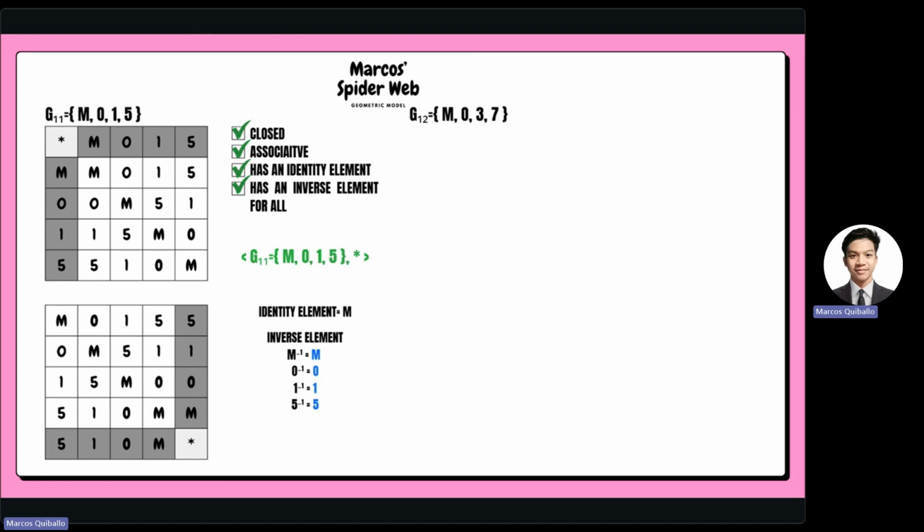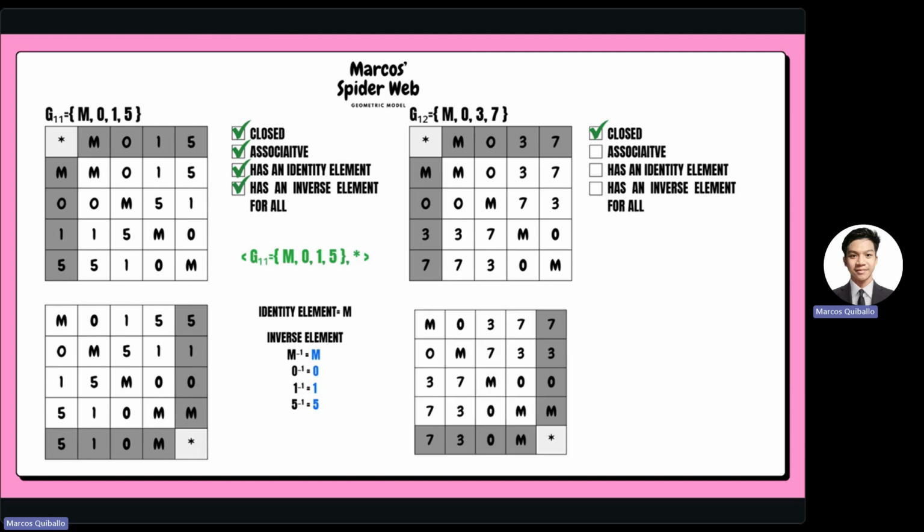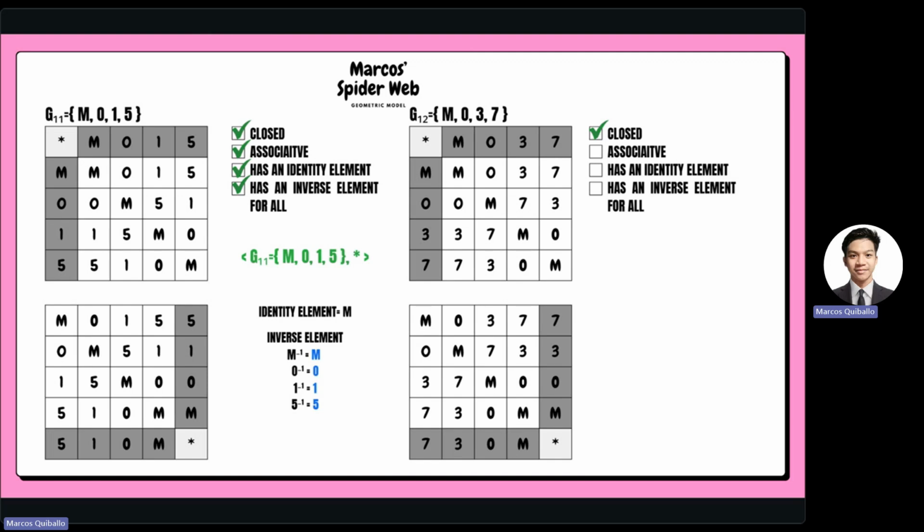So G sub 12, let's look if it is closed. It is closed because all the outputs are within our set, which is G sub 12. And when we rotate it 180 degrees, it's also the same as the first table.